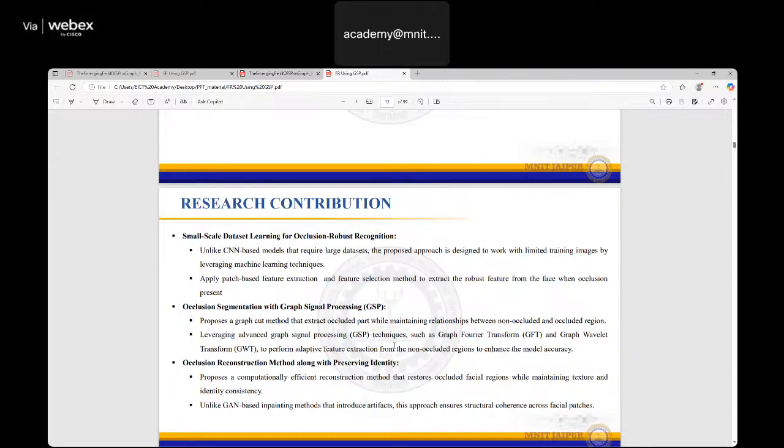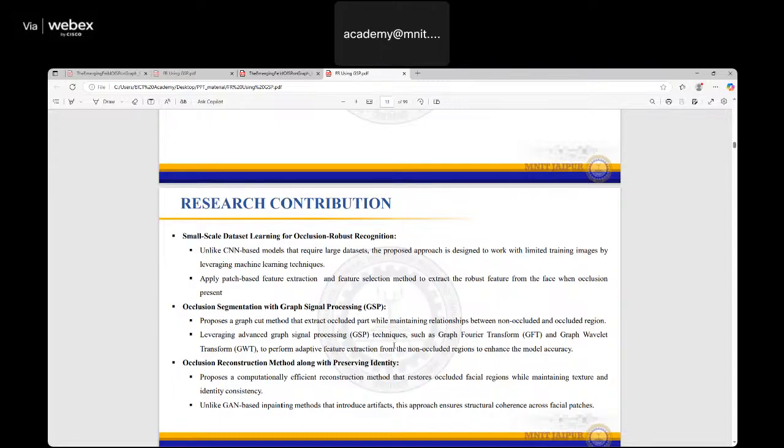But in signal processing, you have the advantage that you simply require good feature extraction, and then simple ML algorithms will provide a very effective solution. So it has been suggested here that small scale datasets can be used for occlusion based face recognition.